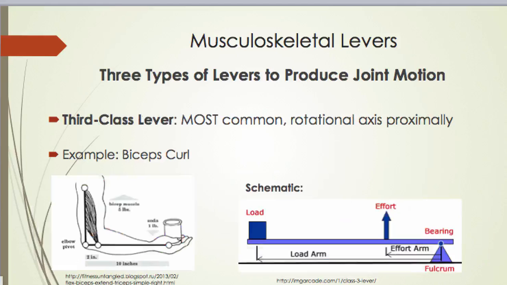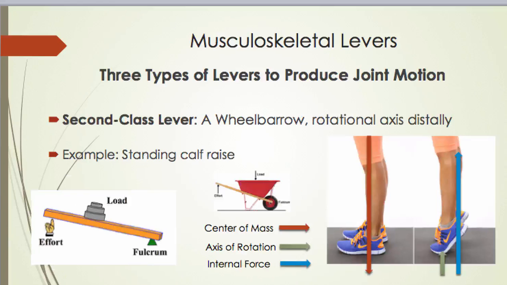And finally, we have our third class lever, which is our most common lever in the human body. So here, the rotational axis is proximal to the internal force. If we go back here, the rotational axis here is distal to the internal force.